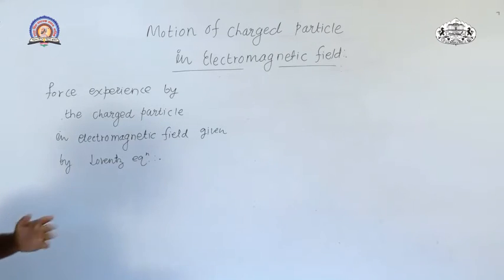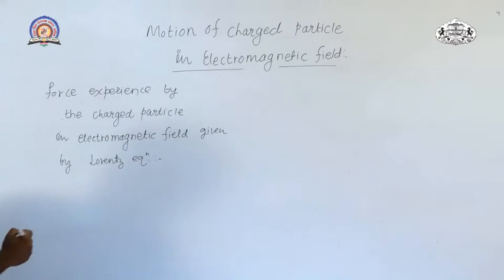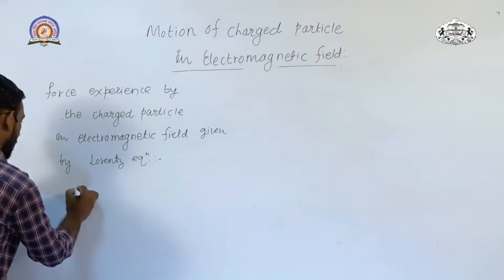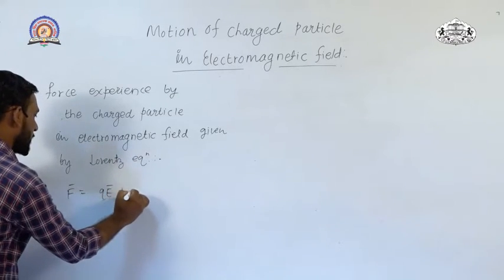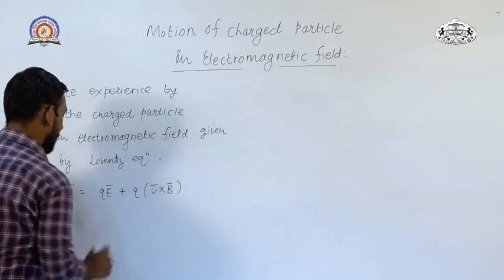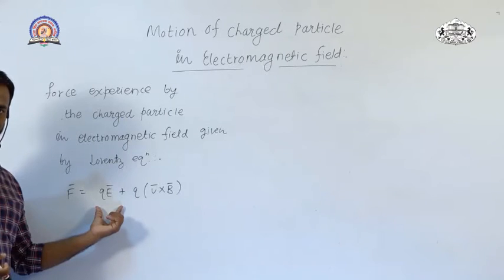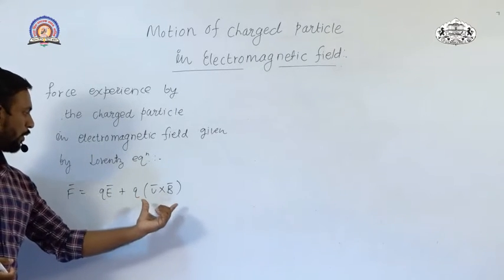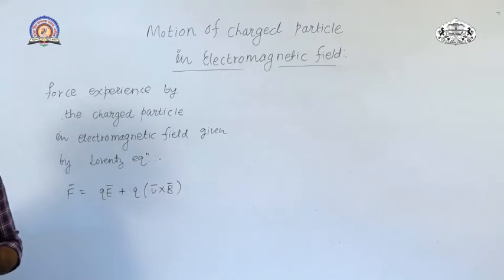According to the Lorentz force equation, the force experienced by a charged particle in electric as well as magnetic fields is F = qE + qV × B. Here qE is the force experienced by the charged particle due to the electric field, and qV × B is the force due to the magnetic field. This is equation number 1.